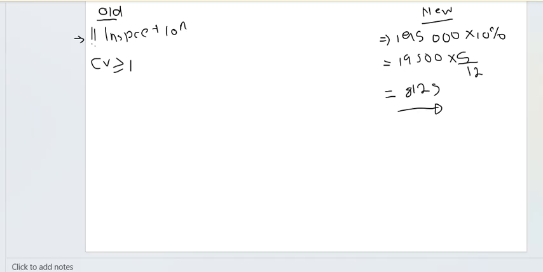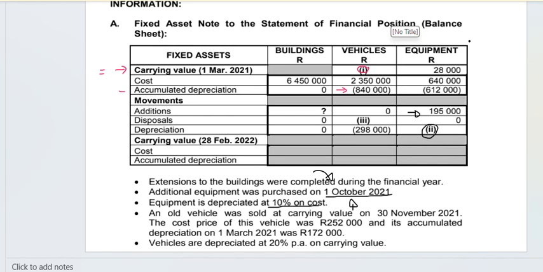Now, let us check. In this aspect, we are given the equipment, and it is already greater than or equal to 1. But I'm worried about the new depreciation to be calculated, because if I'm having 28,000, then the depreciation is calculated on cost. It means that I'm having 840,000, and 840,000 is greater than 28,000.